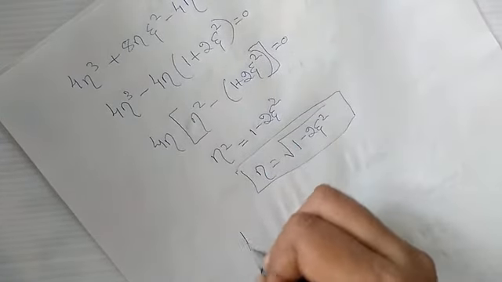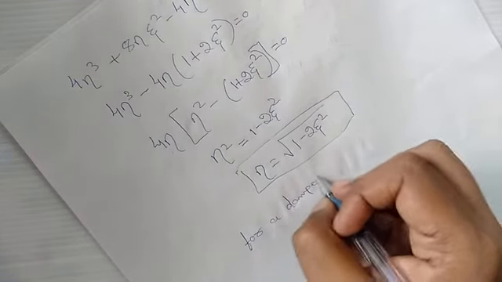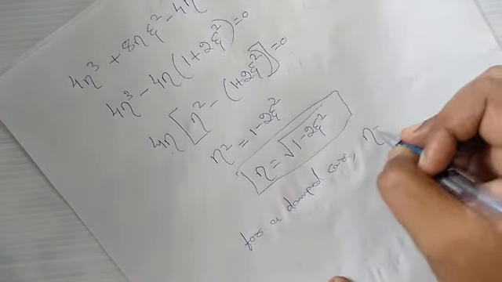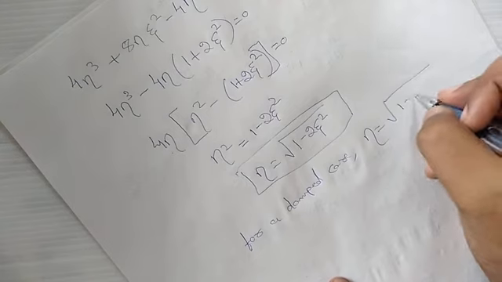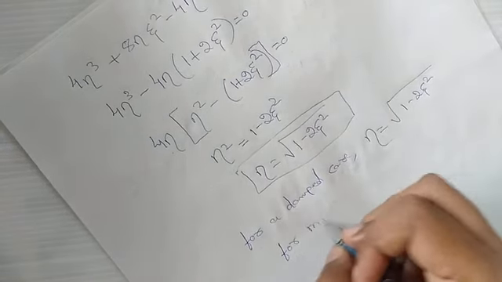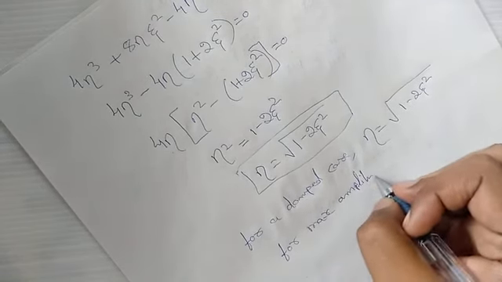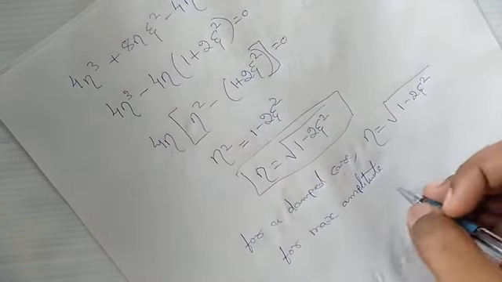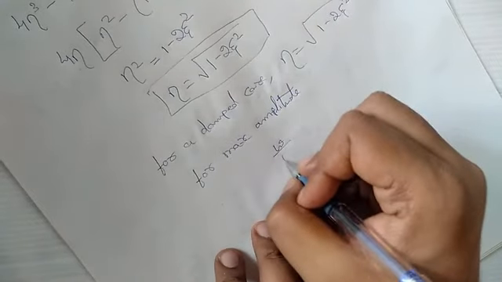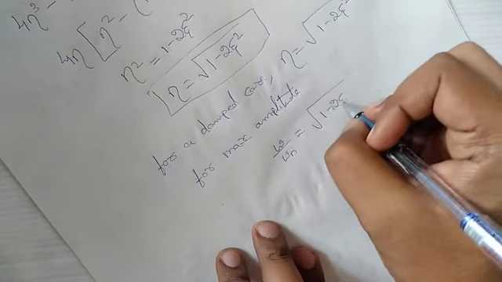So what is this? For a damped case, eta is equal to root of 1 minus 2 zeta square for maximum amplitude of vibration or peak amplitude. So what does this mean? Omega by omega n is equal to root of 1 minus 2 zeta square.